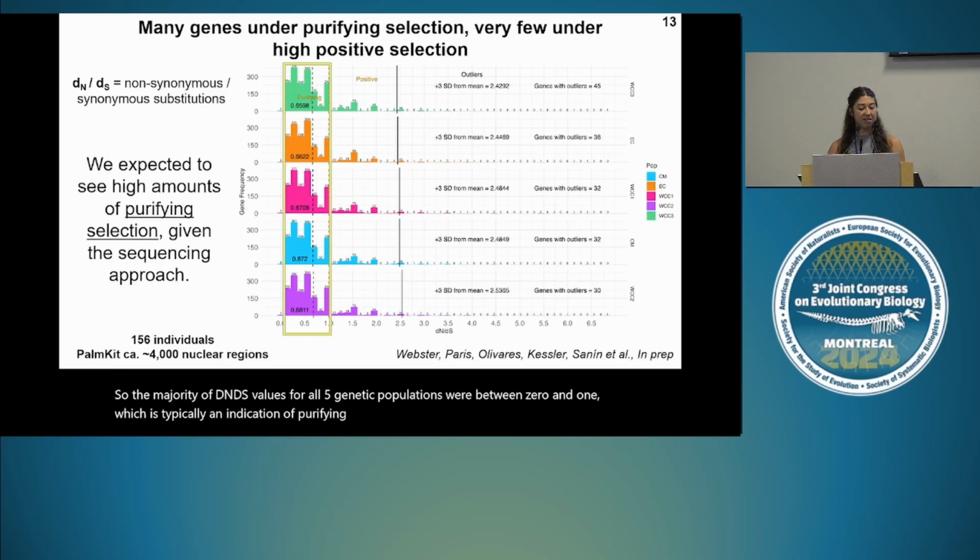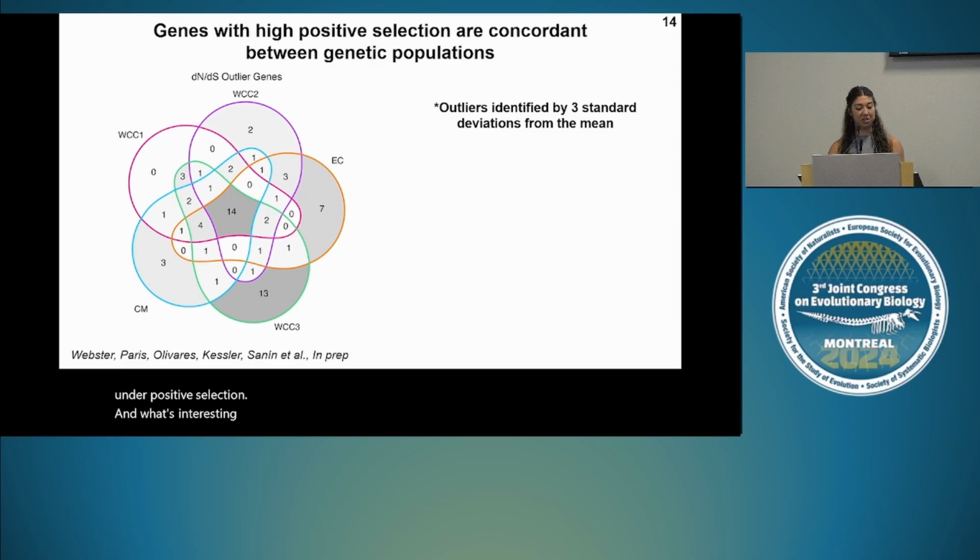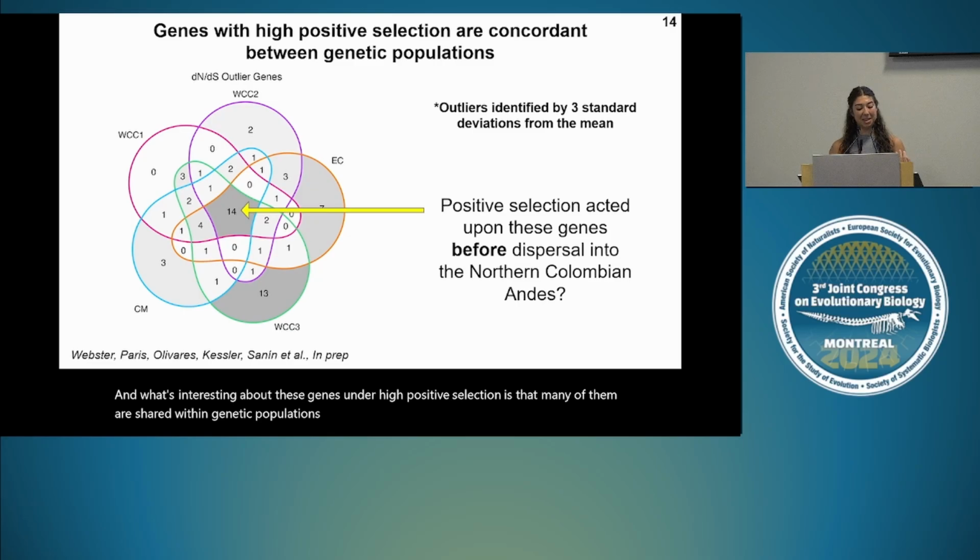We did, however, see some instances of genes with high dN/dS statistics, so greater than 1, which makes us think that they are under positive selection. What's interesting about these genes under high positive selection is that many of them are shared within genetic populations, which makes us think that potentially positive selection acted upon these genes before dispersal into the northern Colombian Andes.